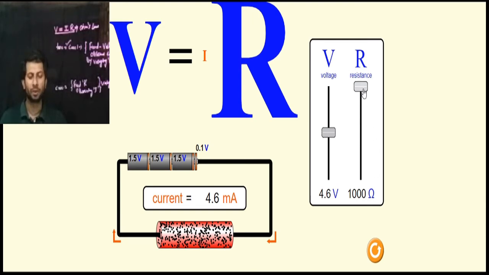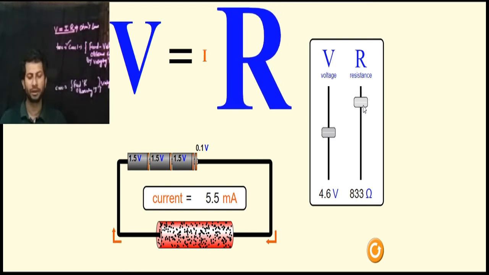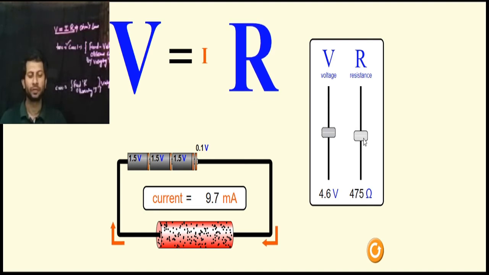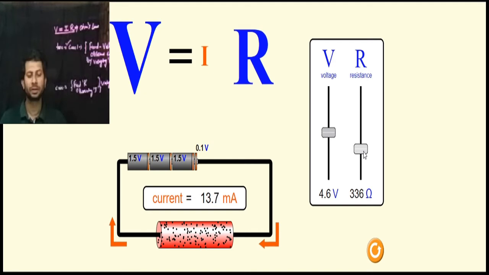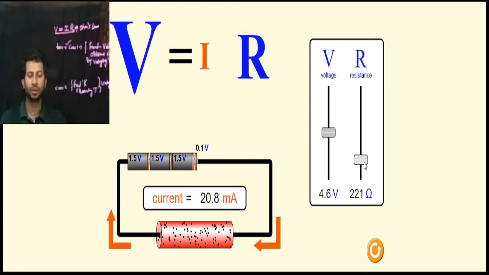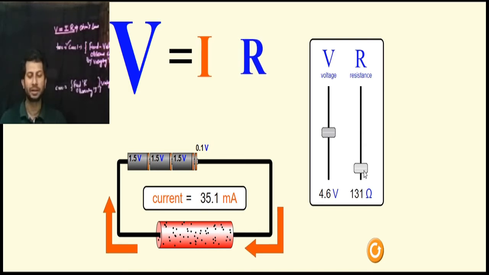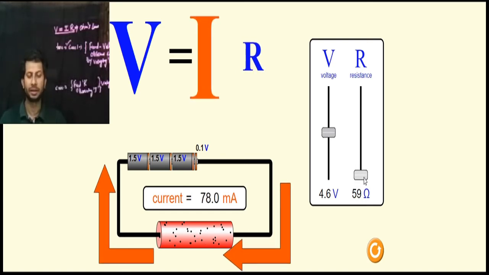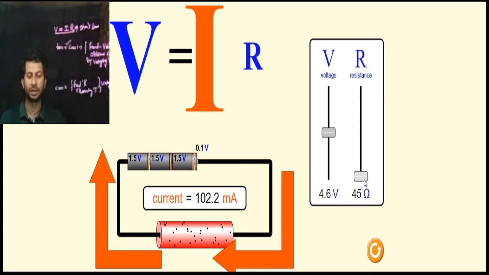Okay, now we can again decrease the value of resistance to less than 500, which is our initial condition. The current increases, and on the screen you can observe that the letter R gradually gets smaller and the size of the letter I increases as we decrease the value.